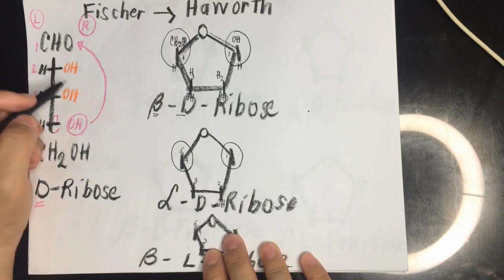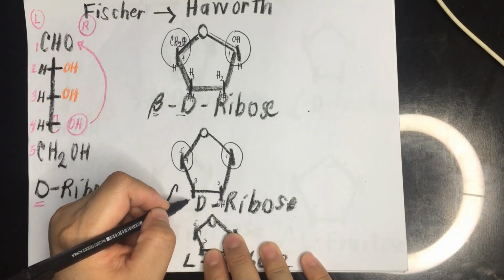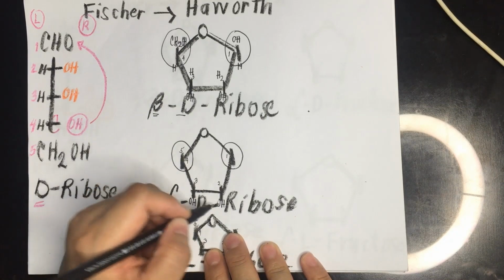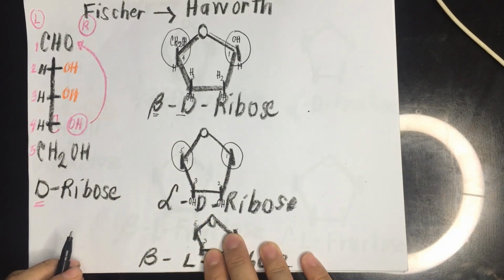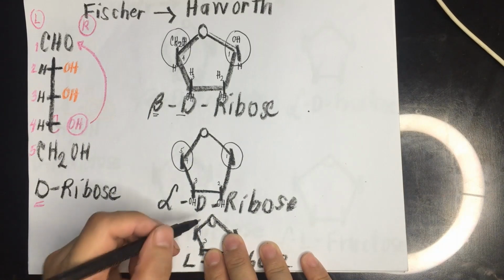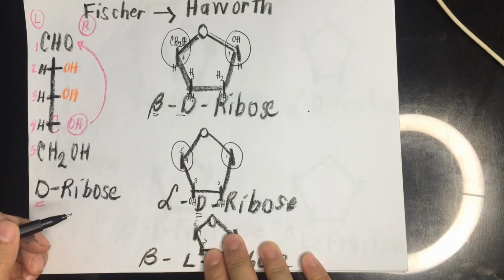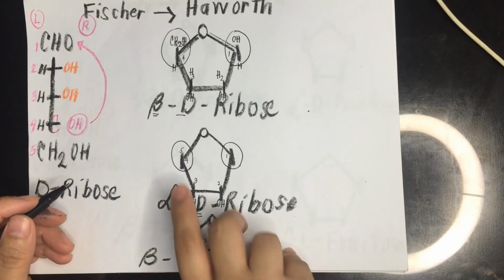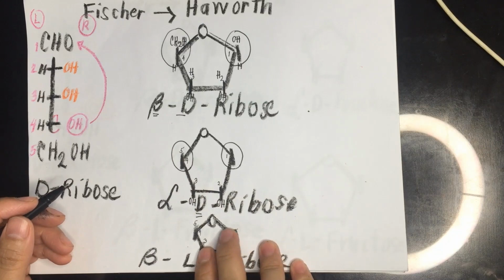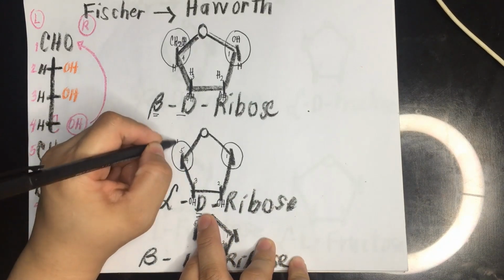Then, carbon number 3, we put the hydroxyl group still below since it is located on the right side. Then, for the D configuration, we will put the alcohol on carbon number 4 and carbon number 5 on top.